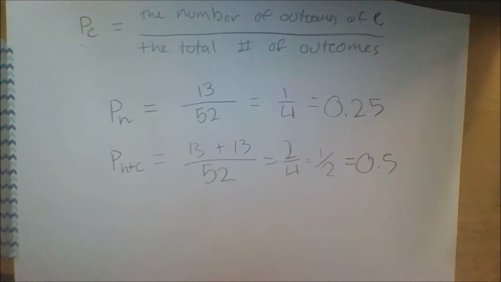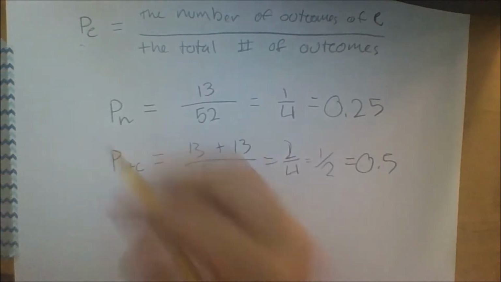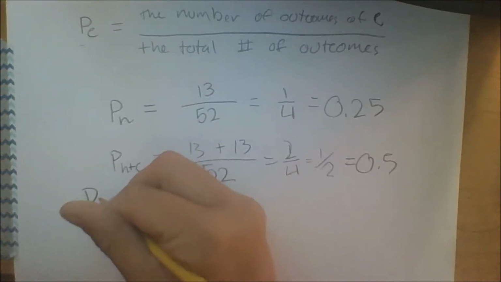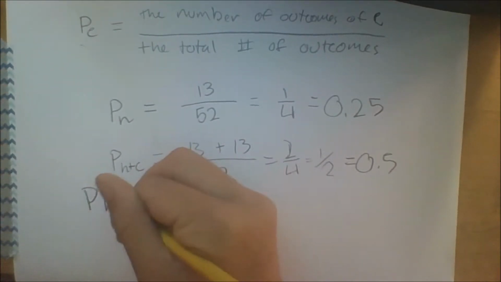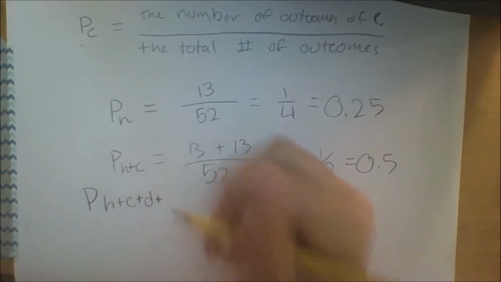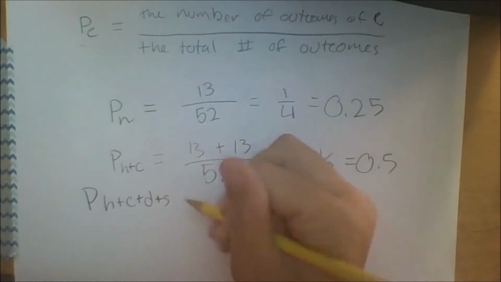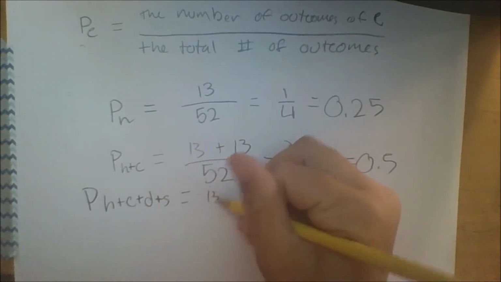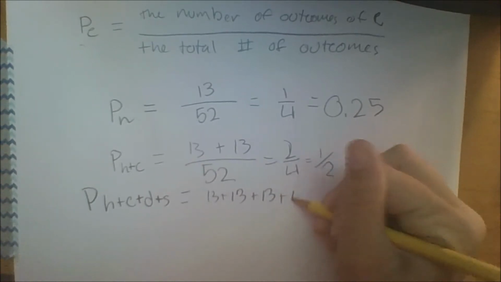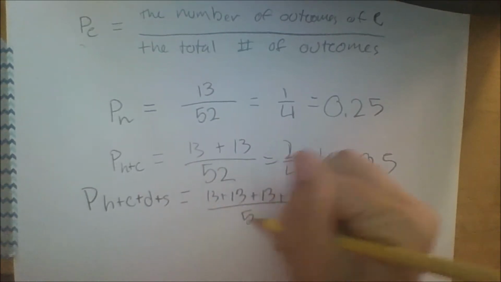We could continue on with the cards and say what's the probability of pulling a heart or a club or a spade or a diamond. So that would be P of H plus C plus D plus spade, or S. And that's equal to 13 plus 13 plus 13 plus 13 over 52.